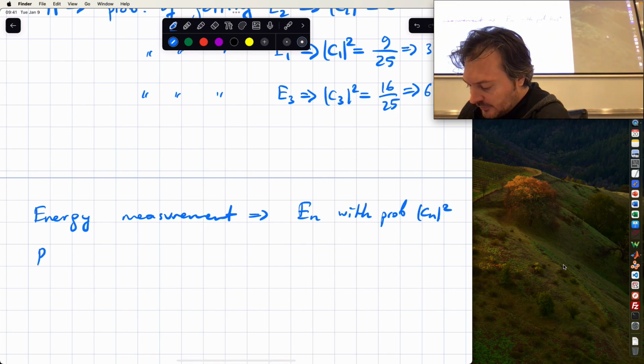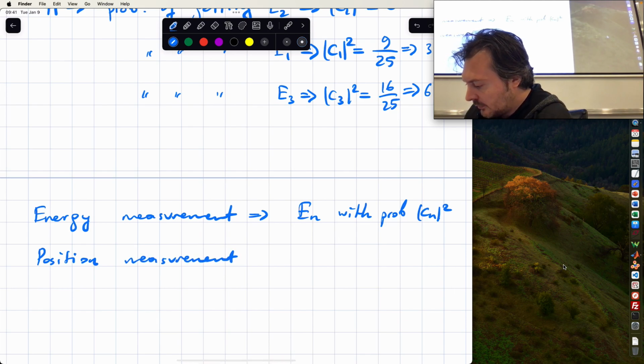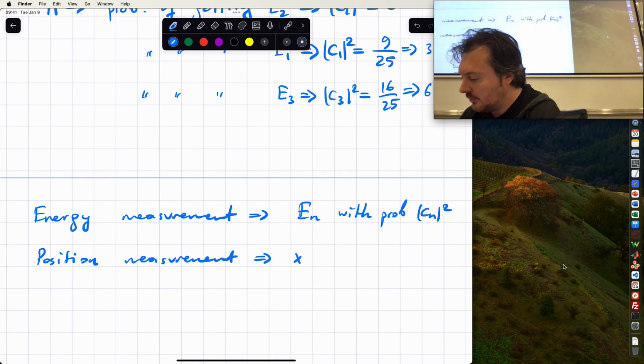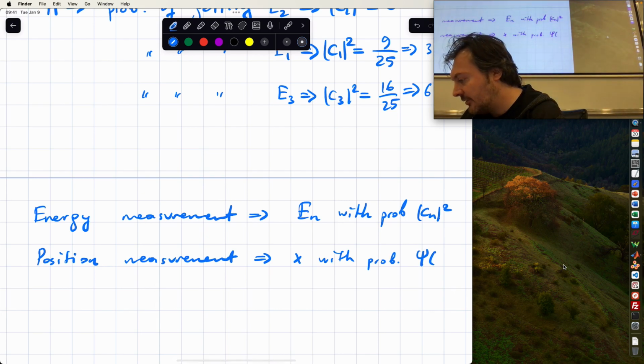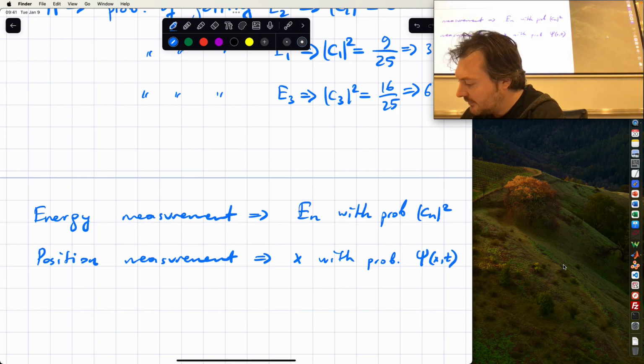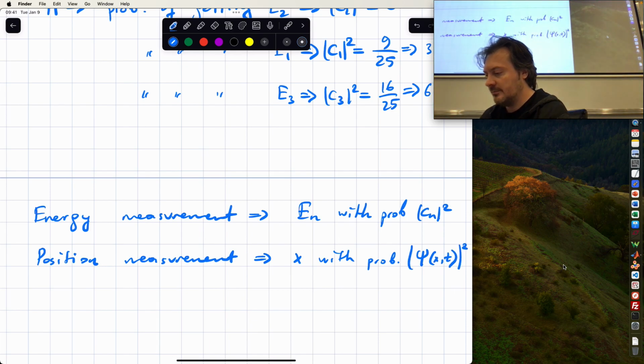And position measurement returns some x with probability psi of x, t squared.